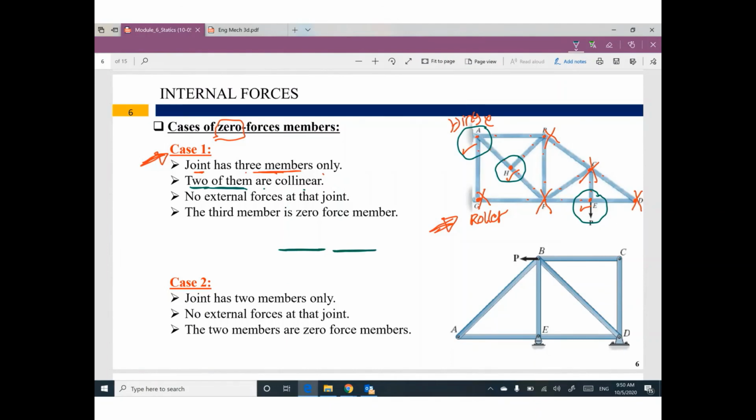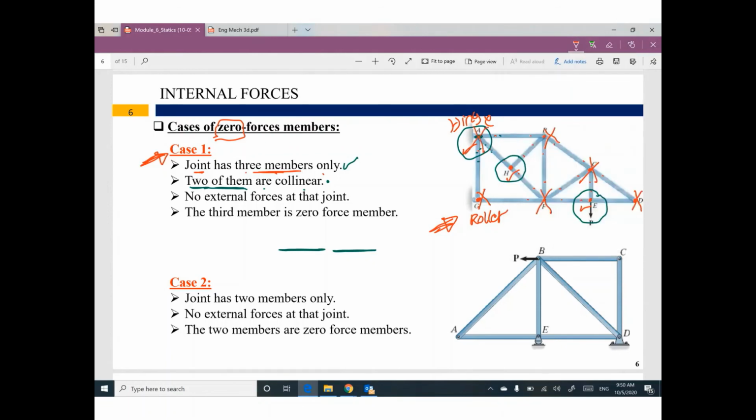Can you revise your selection? Okay, go back to this joint. We have 3 members. So the first condition is good. What about the second condition? Do you think any two are collinear? No way. This one and this one and this one, everyone in a different direction. So please go back and forget this joint.